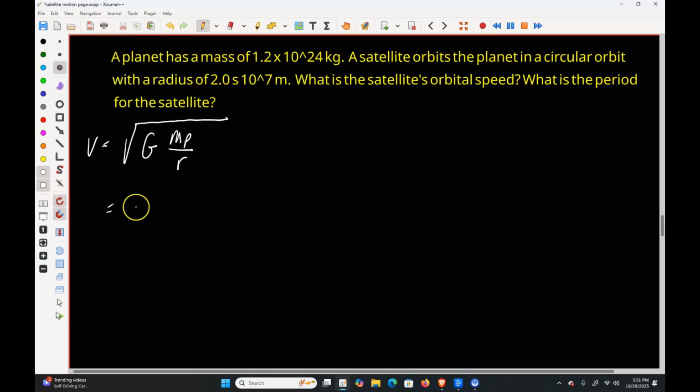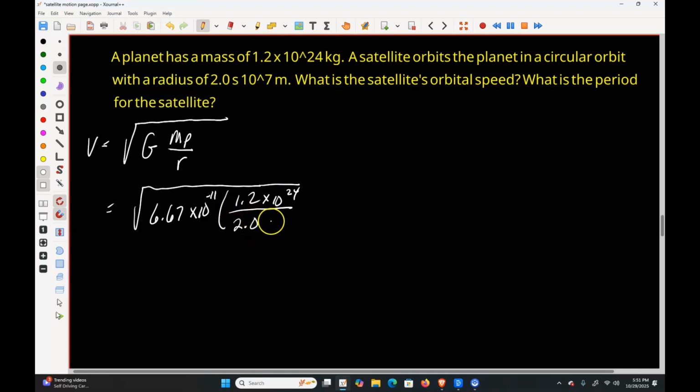So this is going to equal the square root of 6.67 times 10 to the negative 11th times 1.2 times 10 to the 24th divided by 2.0 times 10 to the 7th.